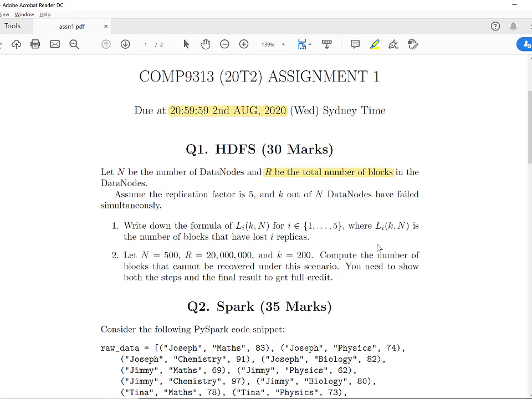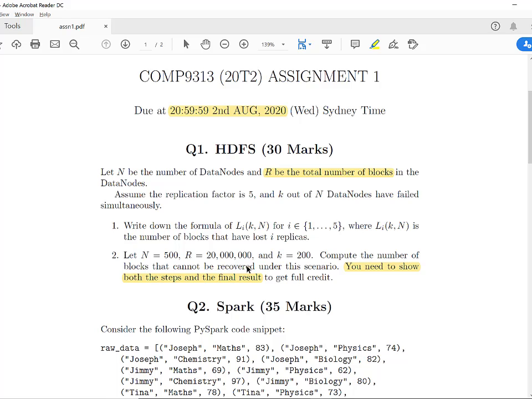And for the second question, we said that you need to show both the steps and the final results. For the steps, if you are using Python code, for example, you can copy and paste your code into the PDF, or you can write down the pseudocode you are using. That is fine too. Some students might use Excel to do the computation.